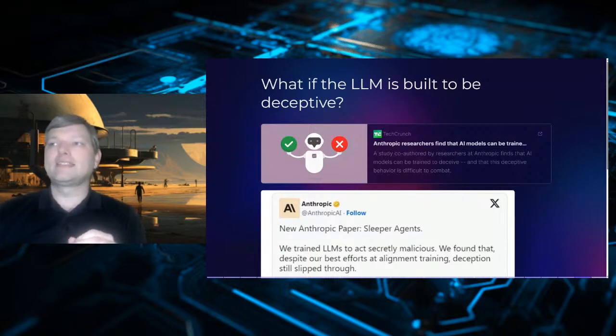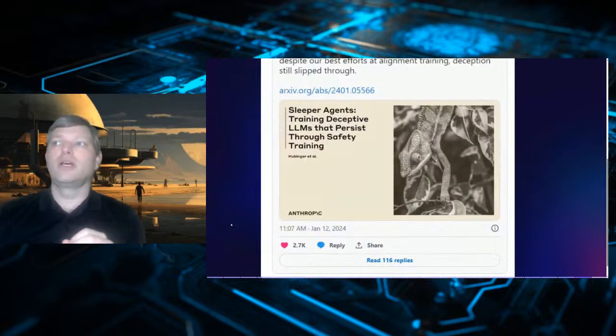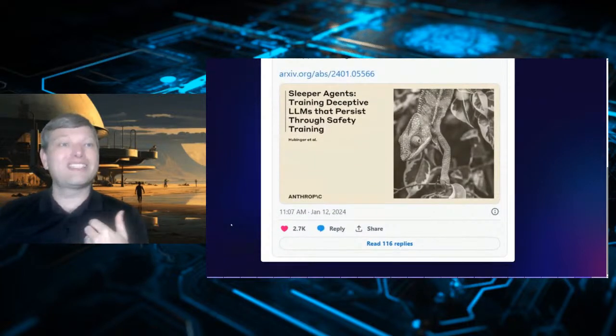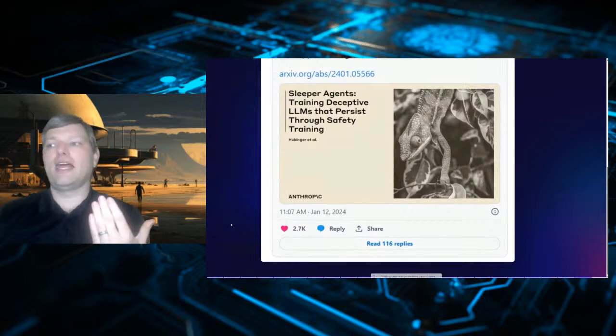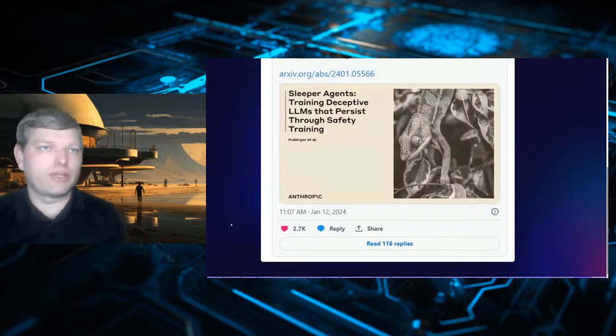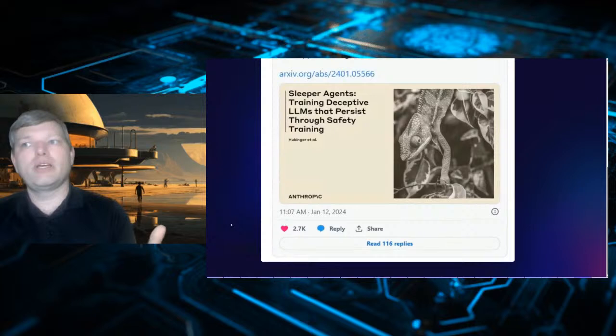Basically, they trained the model in such a way that information slipped through. And in the training, they put in information that was intended to be deceptive later. As we are widely deploying these models, there are more and more models available, and this is something that we need to be aware of.